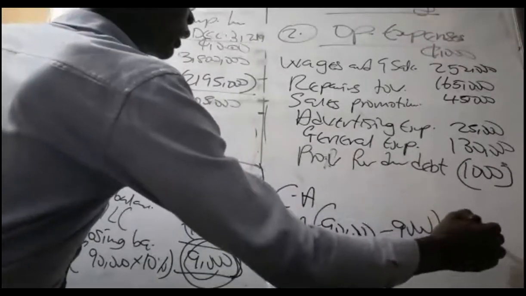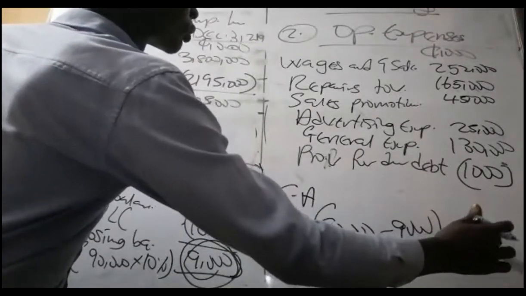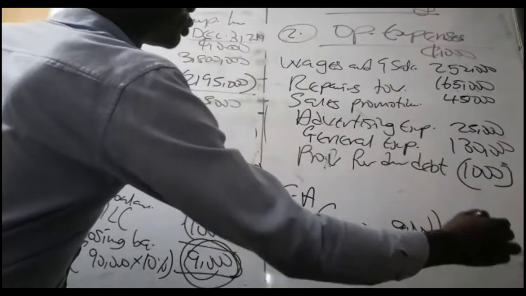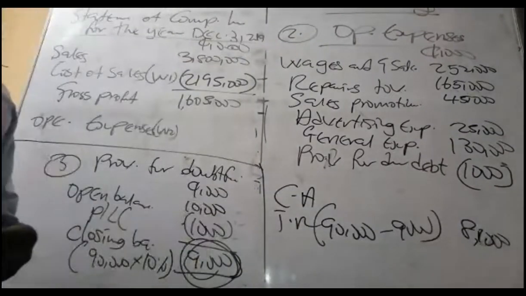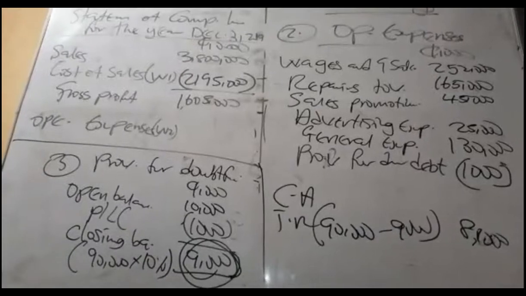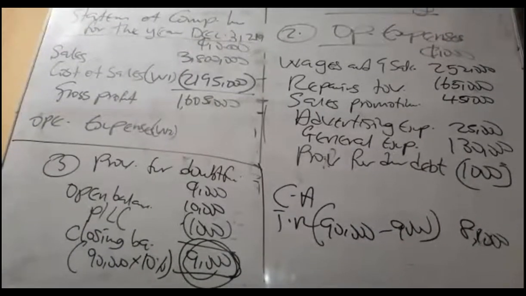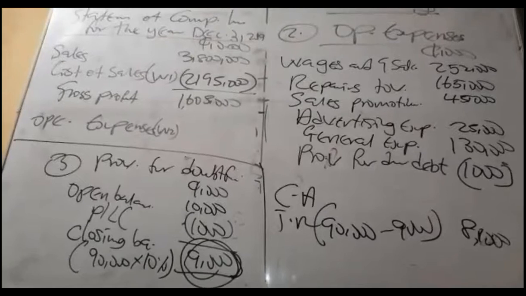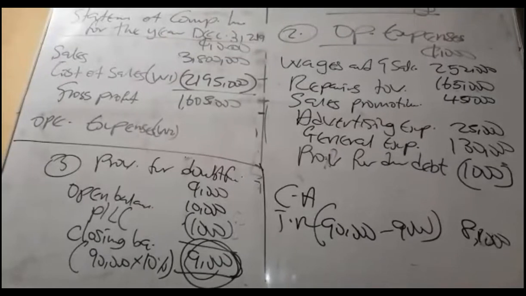So you put 81 in. Done. Good. So basically, that is how we will look for the trade receivable.